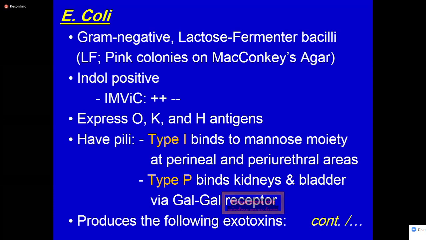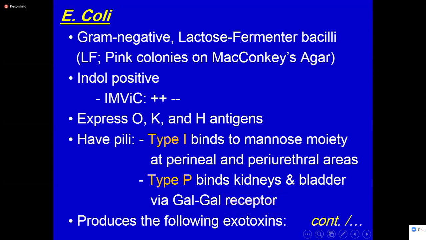It has three main antigens, O, K, and H antigens. You know these antigens; previously, we have described them to you. They have pili. There are two important types of pili for attachment, and they play an important role in the pathogenesis of the microorganism: type I and type P. Type I binds to the mannose moiety at the perineal and periurethral area.